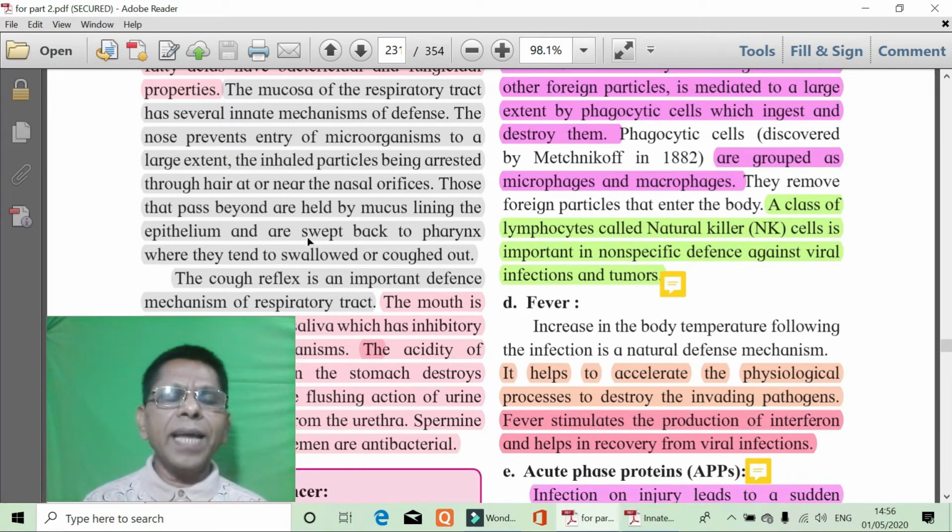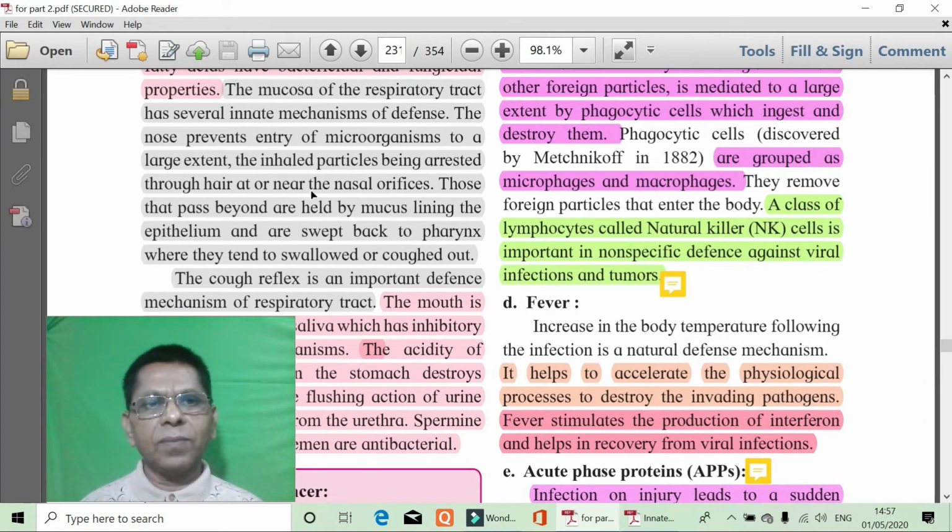Once they are entrapped, the outward rhythmic ciliary movements push them back into the pharynx, and from the pharynx those microorganisms are thrown outside the body through coughing or sneezing, or may be swallowed and digested in the stomach.